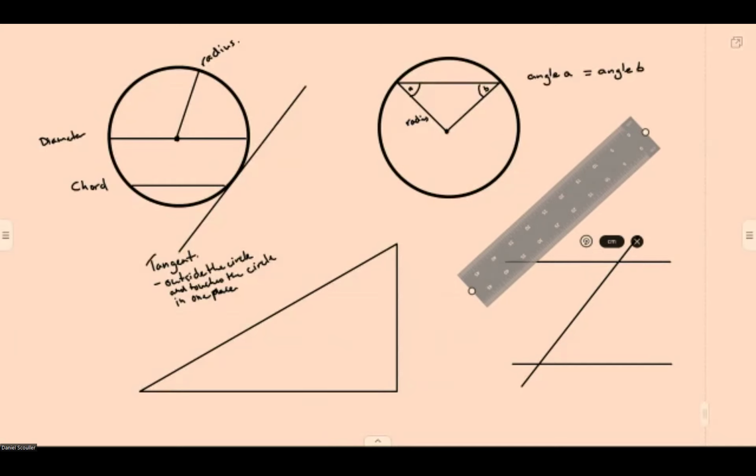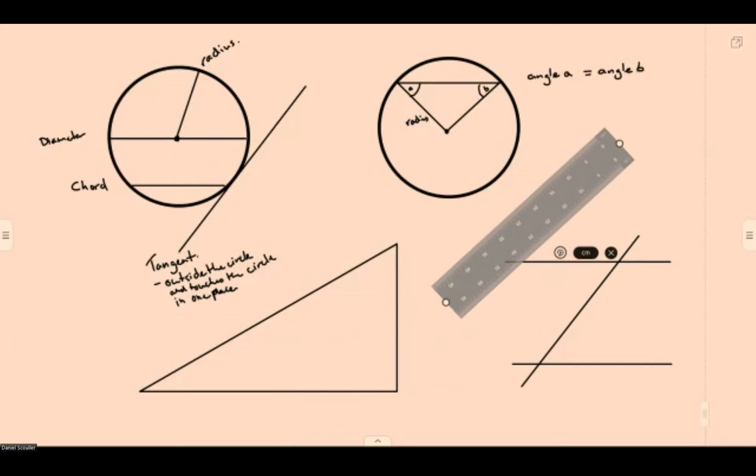Now, let's quickly jump into triangles for a second. If I've got a triangle, any type of triangle, all the angles, the three angles, part of that will add up to 180.